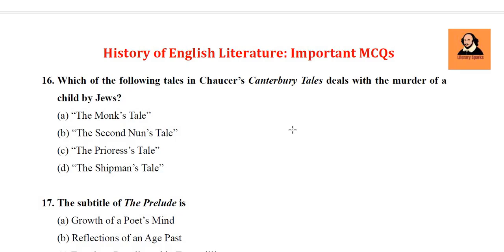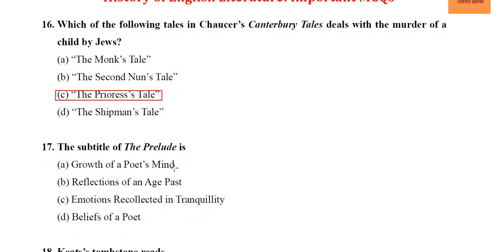The Monk's Tale, the Second Nun's Tale, the Prioress's Tale, the Shipman's Tale. Its answer will be the Prioress's Tale. She is called the Prioress, and she tells this tale where we see that a Christian child is murdered by Jews.